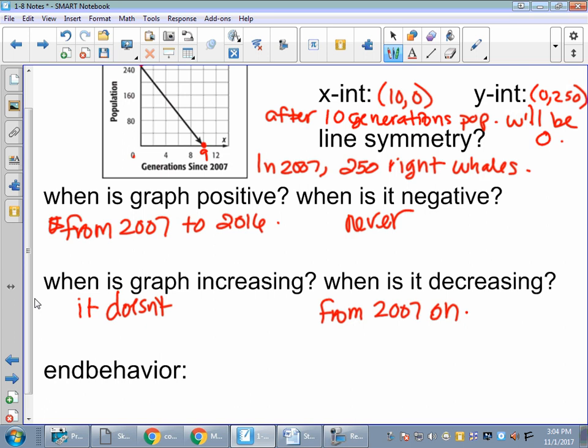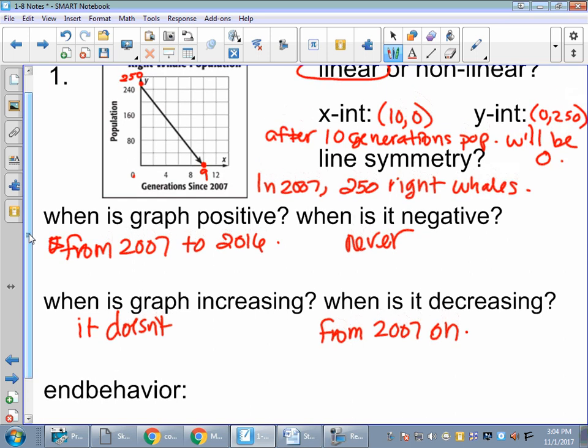And the end behavior, we can describe those two arrowheads again. There's an arrowhead up here, and that arrowhead is pointing up and to the left. So what we can say is as x decreases, y increases. When x decreases, that's time before 2007.